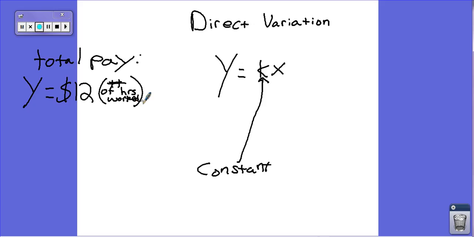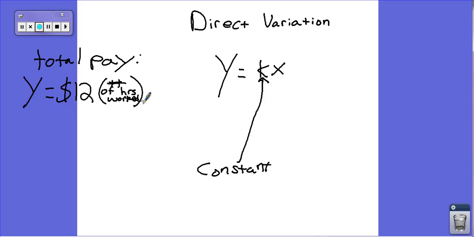The constant is $12 an hour, or whatever you make, times the number of hours you work. Your total pay is fully dependent on how many hours you work. You always know what the constant is. So that's one example of direct variation.